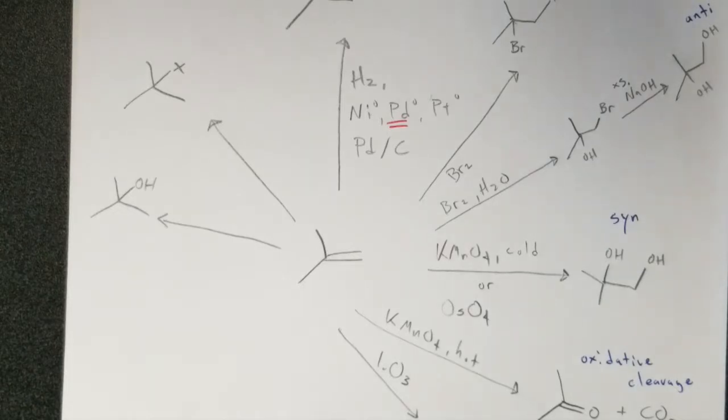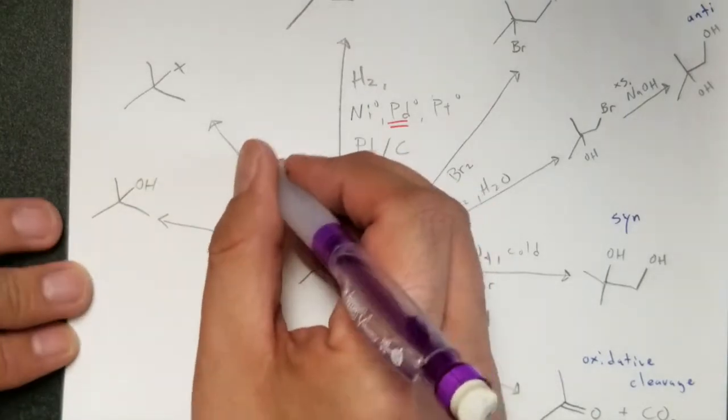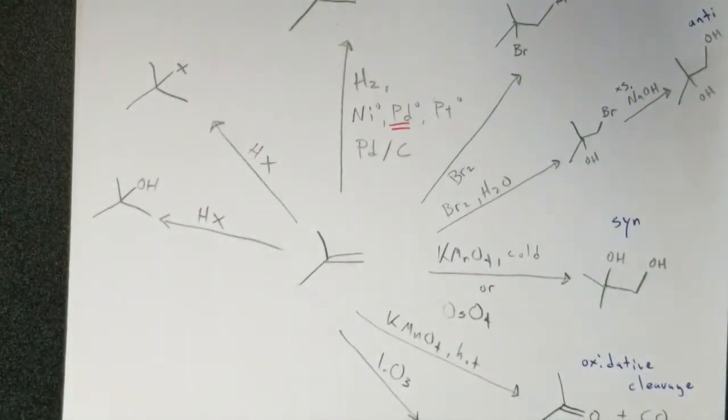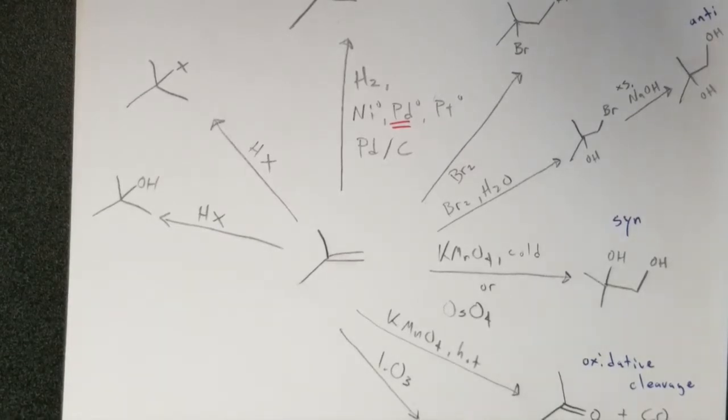So the question I have for you guys here is, it is going to be the addition of HX for both. Which one do you think requires concentrated HX? The alkyl halide product or the alcohol product? Got a 50-50 chance guessing right?